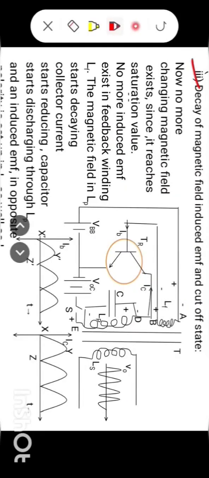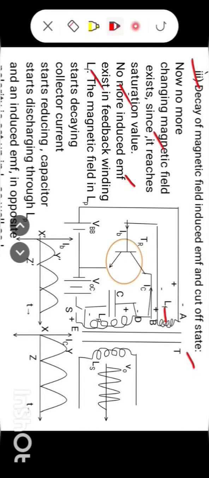Third, decay of magnetic field, induced EMF and cutoff state. Let us see how the transistor reaches cutoff state. Now, no more changing magnetic field exists since it has reached saturation value. As a result, no more induced EMF exists in feedback winding LF.